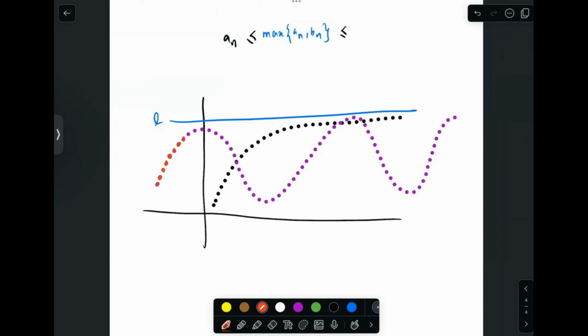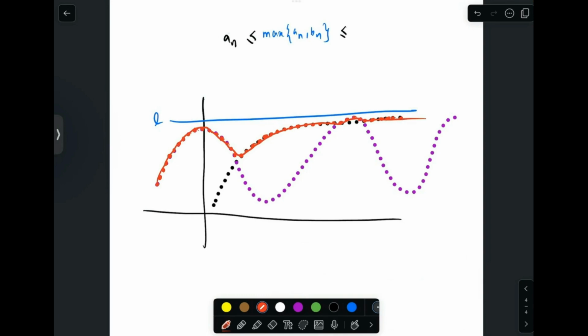So at every point you take the maximum of the two. Now here you see, this is becoming the maximum. So you take this red sequence now, and again here this becomes the maximum, and again here this becomes the maximum. So naturally, this is the sequence.